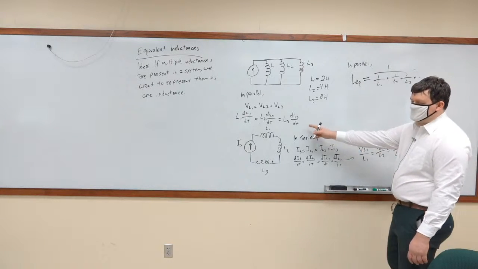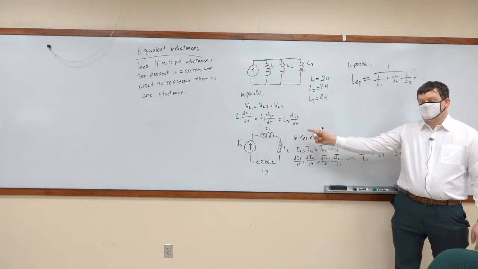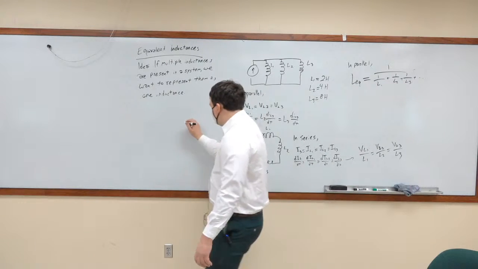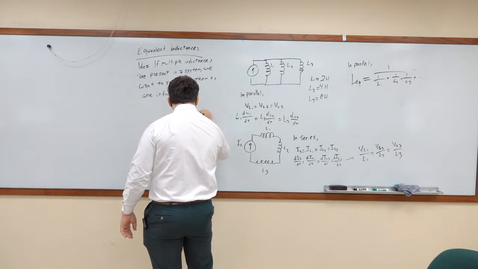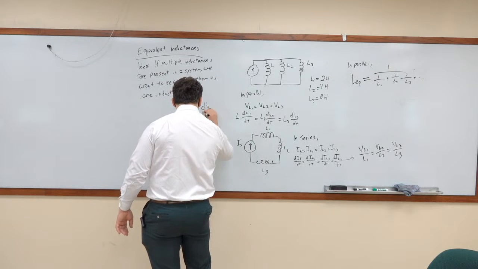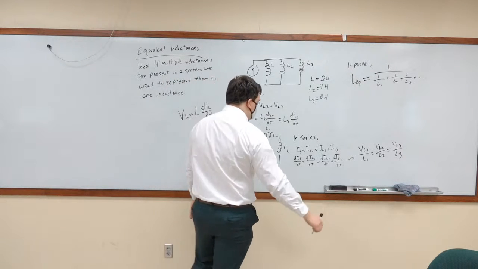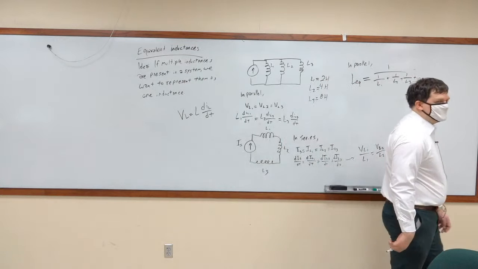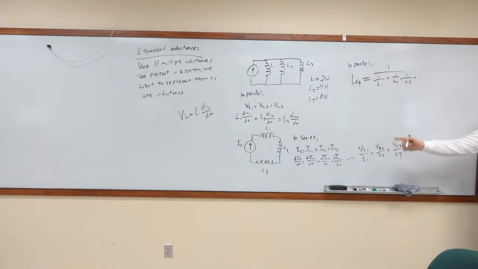I'm just using this equation, plugging that equation in multiple times. We know that that condition is true, and we can then prove this. In series, if they all have the same current, this relationship is true.